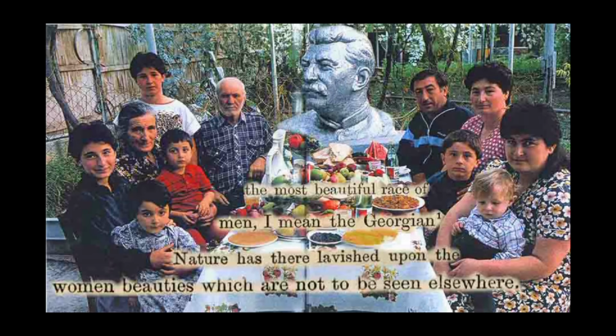And this is a quote from Chardin, and Chardin is together with contemporary Georgians, that is, Georgians of our time, and also the most famous Georgian of the 20th century, Joseph Stalin. Now, by the time Blumenbach wrote in the late 18th century, Chardin's view was commonplace.